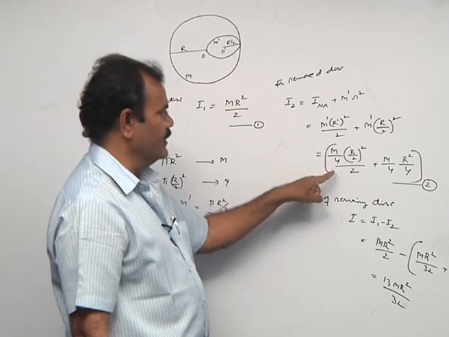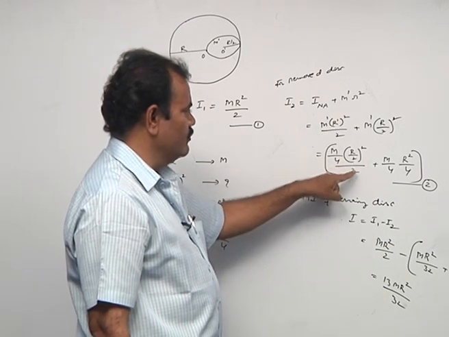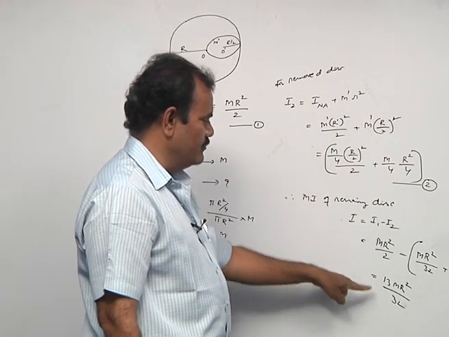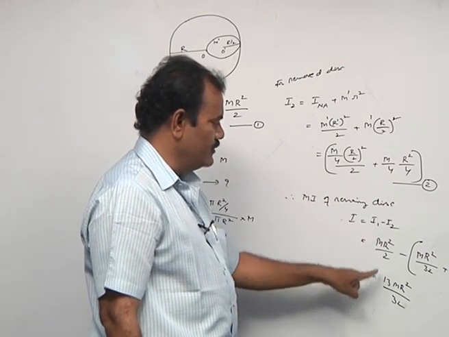You apply M by 4 here, and in place of R dash, R by 2, with the factor of 2 as usual.